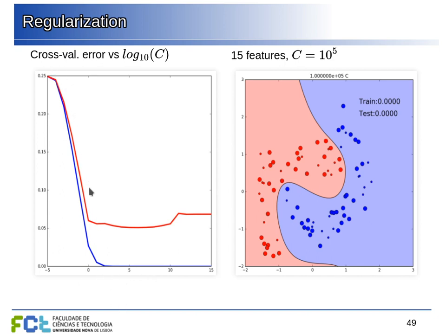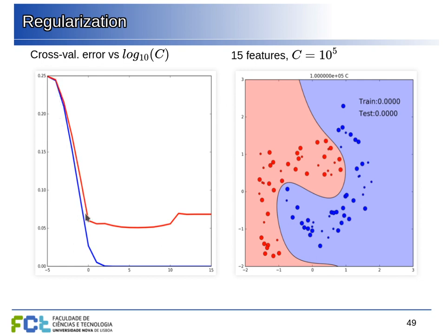And we can see that the cross-validation error goes down here, and then it starts increasing a bit again. So as we have a very high C, so this would be very strong regularization, it clearly overdoes it, and we get our model in underfitting because we are putting too much regularization and it cannot accompany well the data.